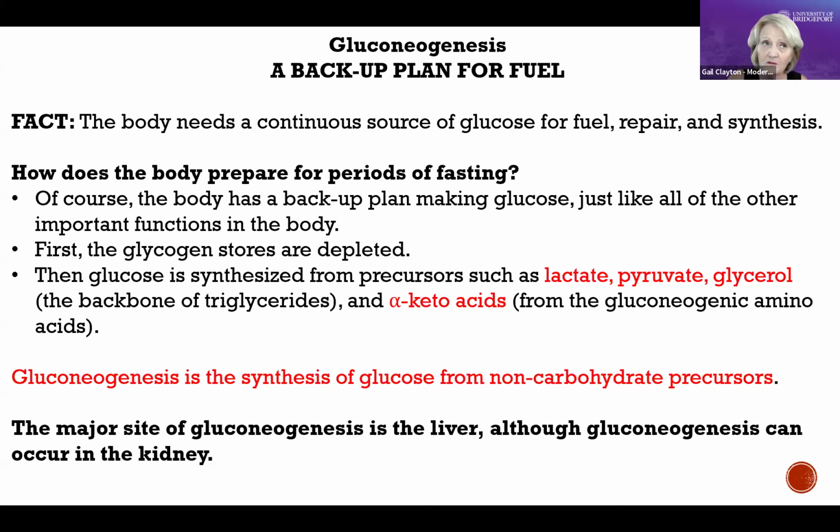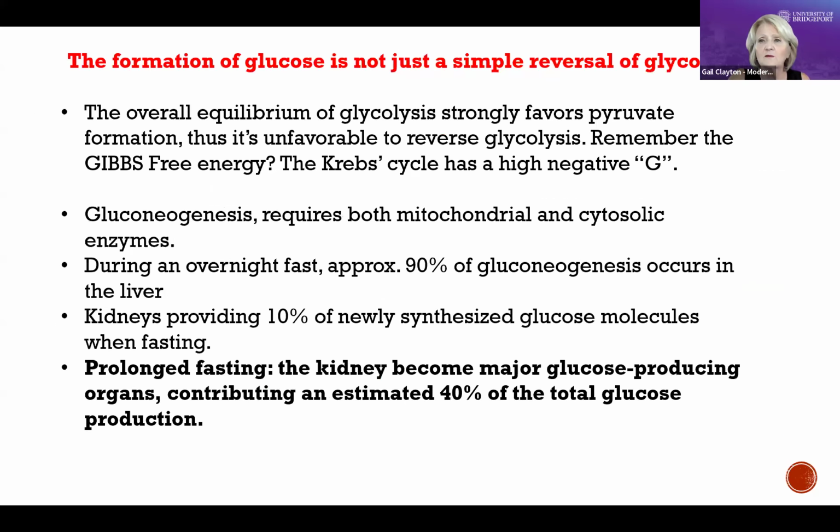gluconeogenesis. And yeah, you would think that, well, maybe we could just reverse glycolysis, but that doesn't really happen because the overall equilibrium of glycolysis really favors pyruvate formation, and it's really energy unfavorable to reverse glycolysis. Remember in the earlier lectures, we talked about the Gibbs free energy.